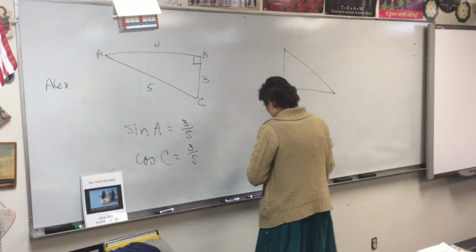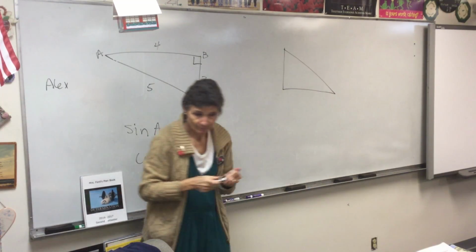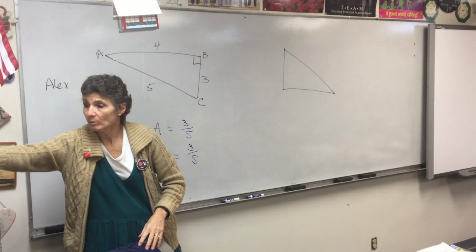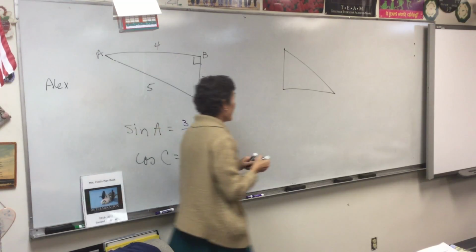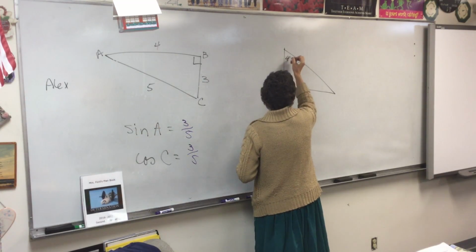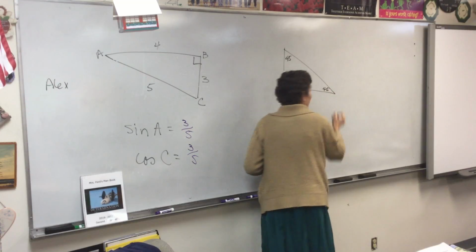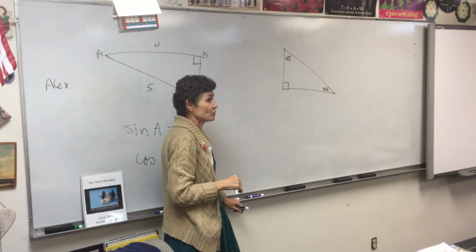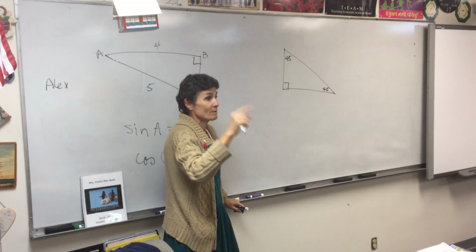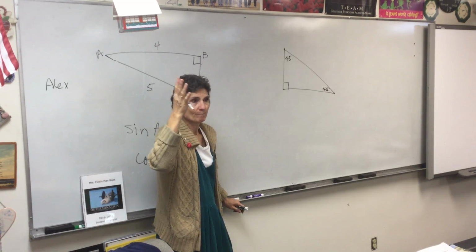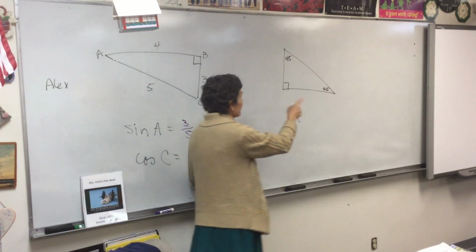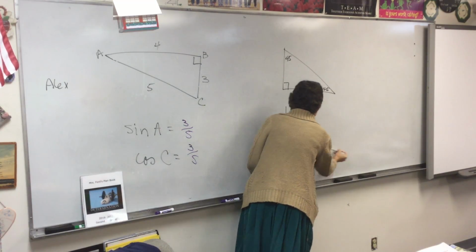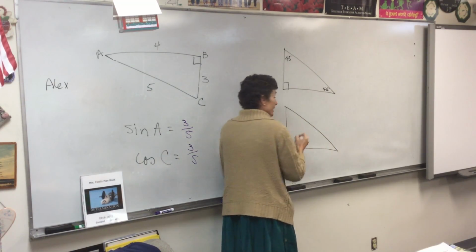Now, when I say special right triangles, what I'm talking about are 45, 45, 90. Now, I don't expect you to remember that from when you learned it back in geometry 2 years ago, but 45, 45, 90 should sound familiar to you. Yes, there are triangles that are called 45, 45, 90. There are another set of special right triangles that are what?